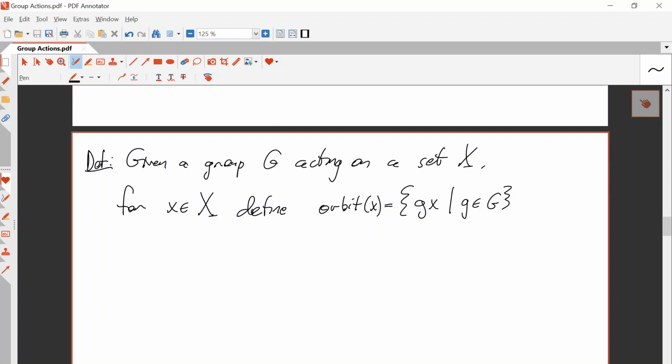So x goes and visits a whole group of different elements in X, and you call that the orbit. So it's kind of a nice name. So the orbit of x.